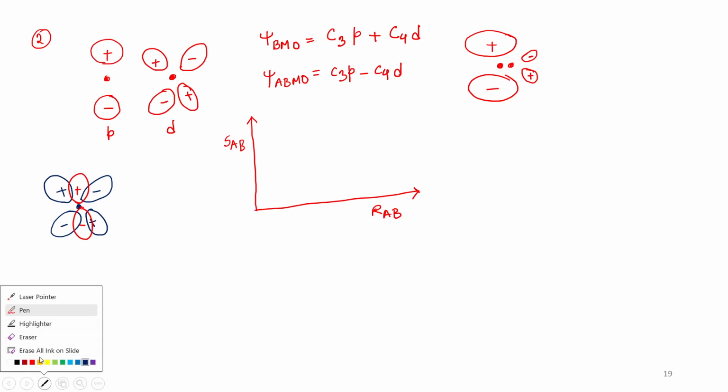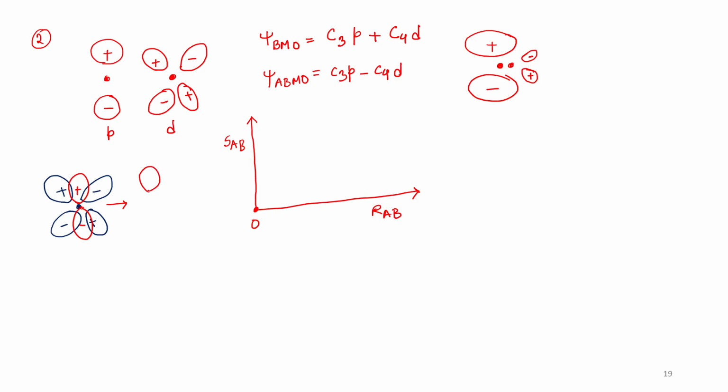Okay, so at 0 it is 0, and then when it goes to some distance, your p orbital stays in place.